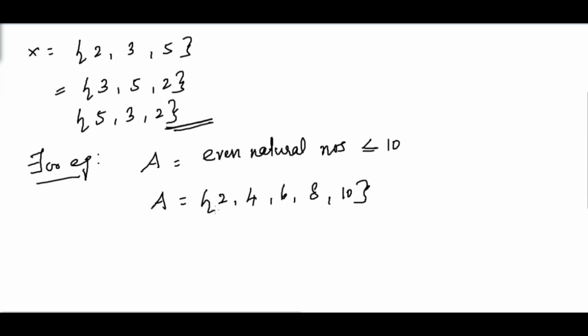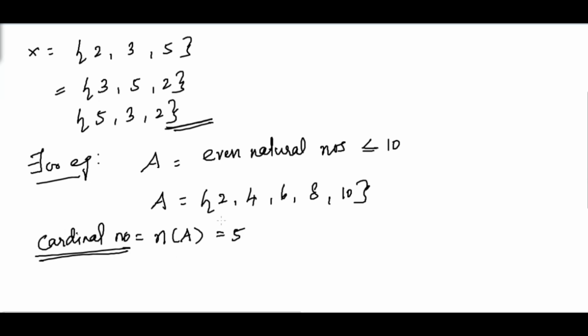These are all the elements of this set. The number of elements in the set is 5. So we can write n of A. n of A represents the number of elements of the set A, which is 5. This is also called the cardinal number. The cardinal number of the set A, that is n of A, is equal to 5.